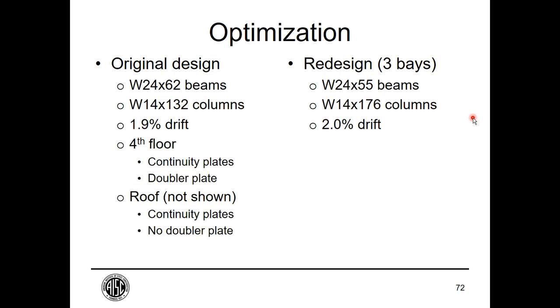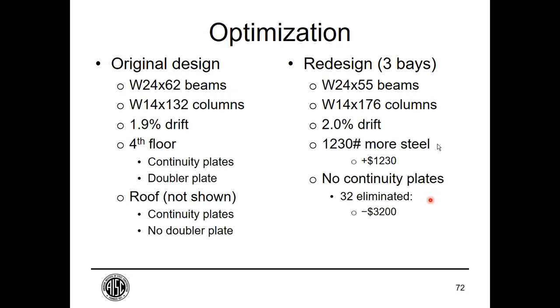Our drift is right at the limit. We are adding some steel. That costs some money, but we're getting rid of continuity plates both at the fourth floor and the roof, and getting rid of doubler plates. So all in all, there's a pretty significant savings here. So that's a little trick you can build into your spreadsheets to optimize your steel moment frames.